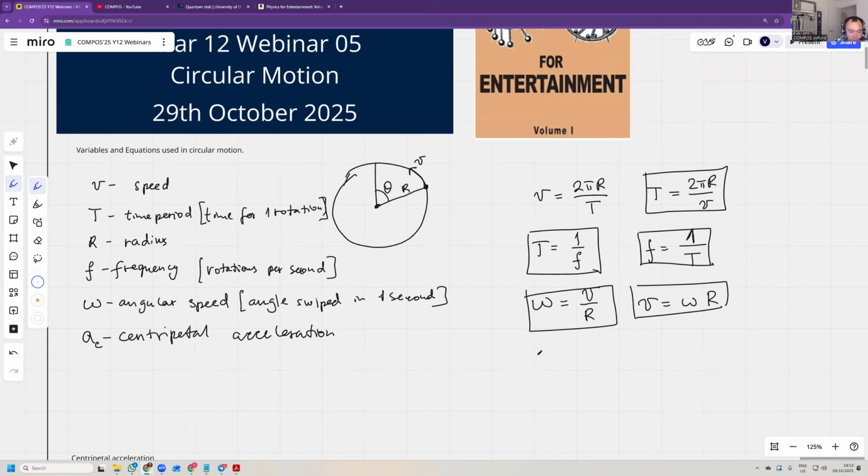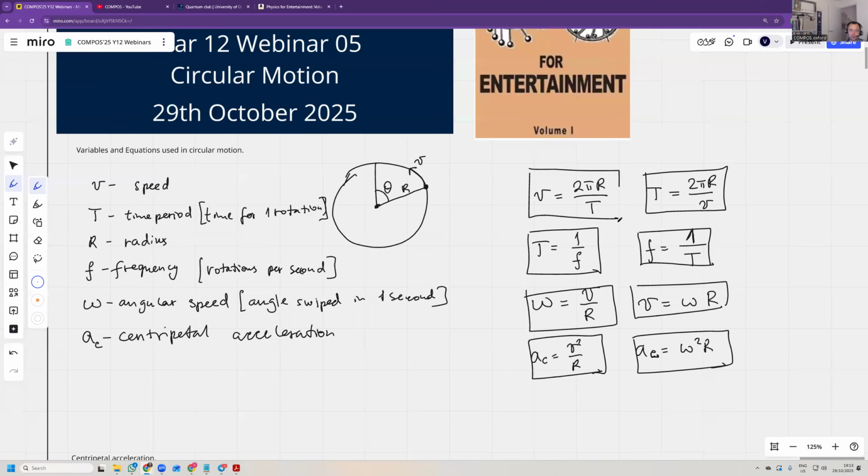And your acceleration, turns out, is equal to v squared divided by r. But if you substitute v equals omega r, you get another formula for centripetal acceleration, and it's omega squared r. So these are the two formulas. These are formulas that we will use. Some of them we'll use today.